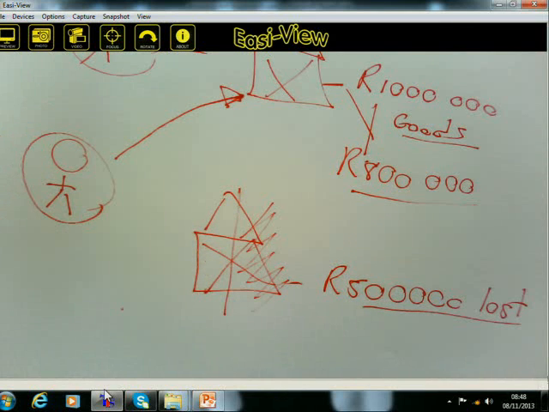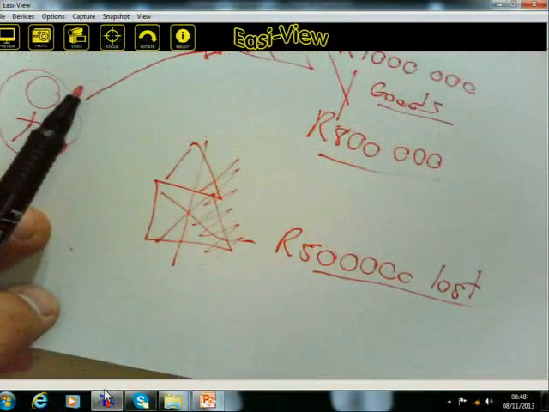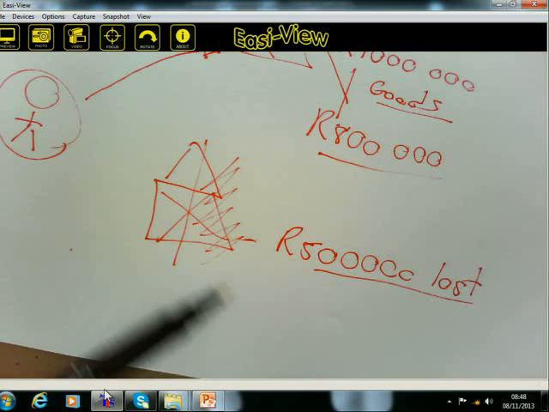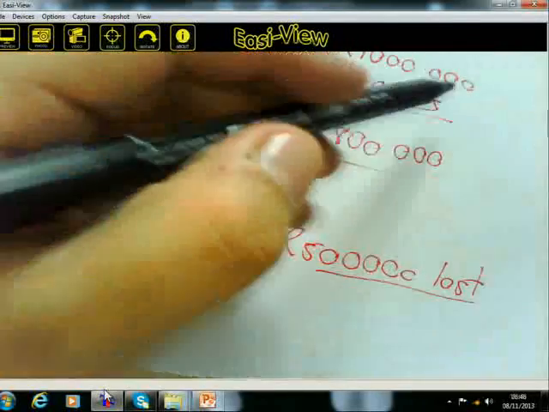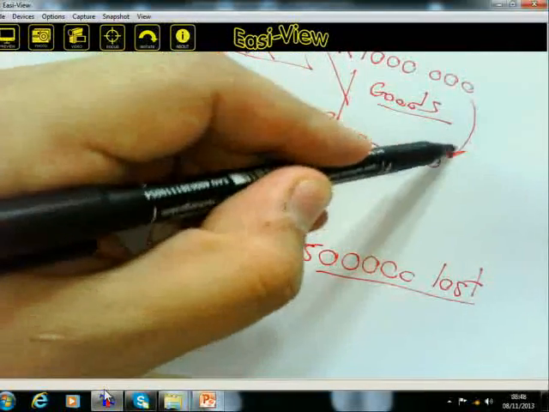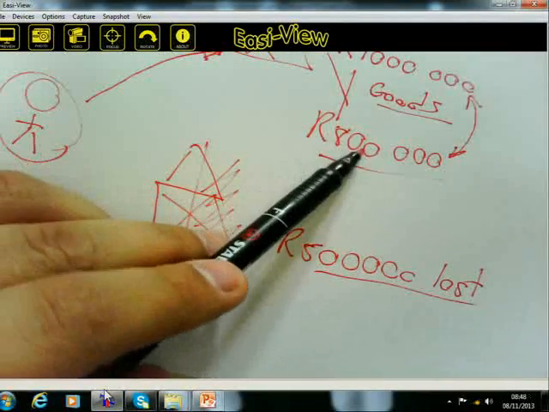You see? And this is where the average clause comes into play. It's another principle of insurance, and very important. It's one of those insurance clauses that many people fall by. If you under-insure your business by 20%, you can see I insured it for 800,000.